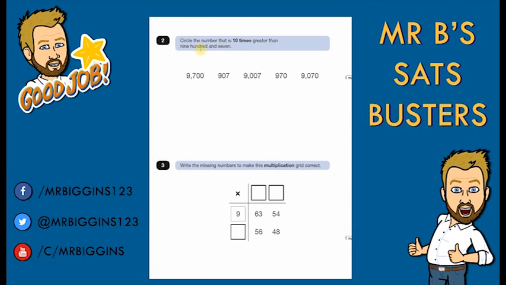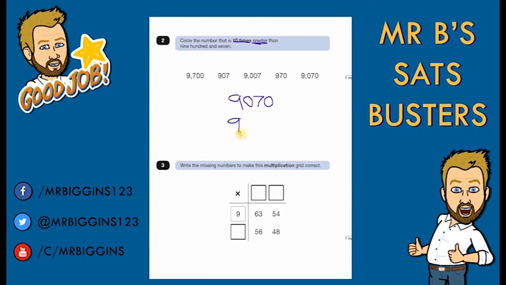Question 2 asks us to circle a number that is 10 times greater, so 10 times bigger. This is why it's important to learn all your different language. The number is 907, and we're looking for a number 10 times bigger. I know if it's a whole number and I am making it 10 times bigger, I am just putting a 0 on the end.